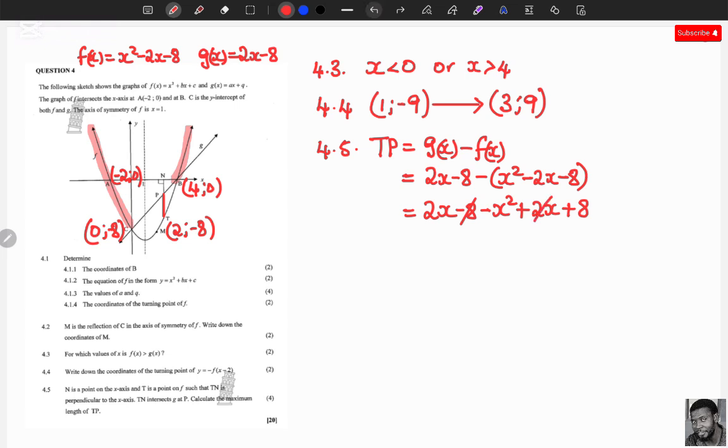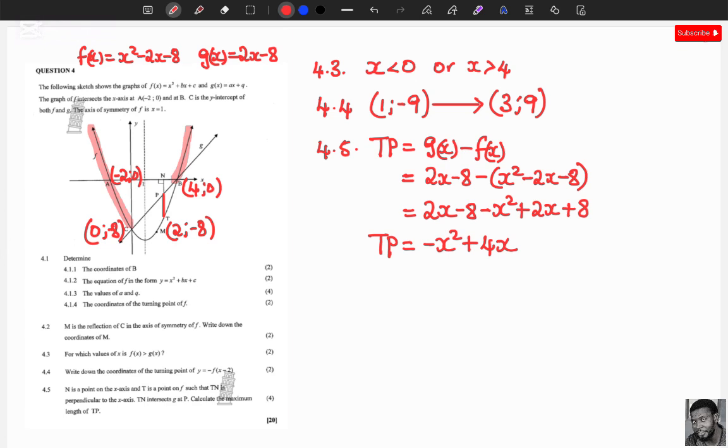So you are now left with the equation of TP being negative x squared plus 4x.